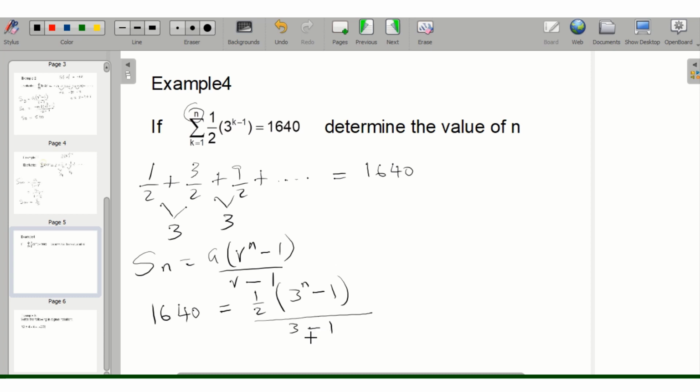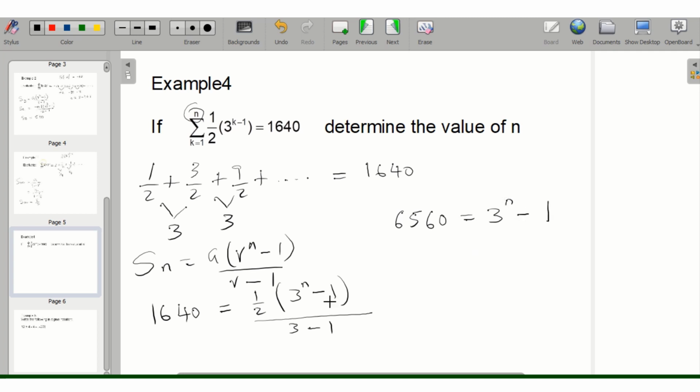So this will give you 2, and you need to multiply by 2 on both sides and then divide by half. So if you do that, you'll get 6560 equals to 3 to the power n minus 1.